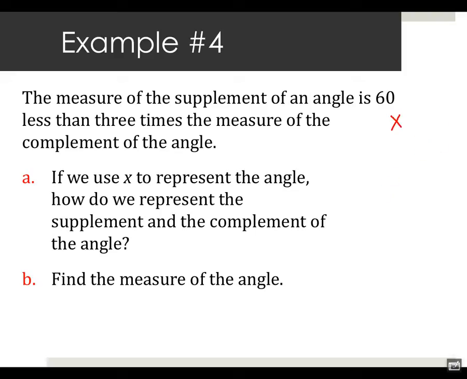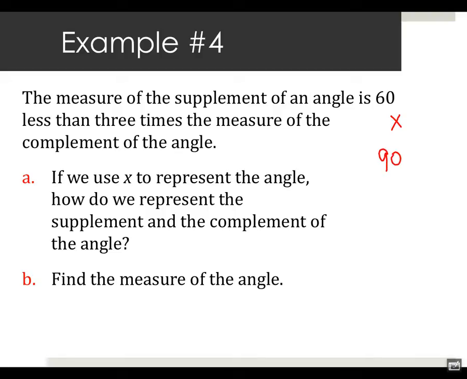Now, let's try x. If the angle measure is x, how big is the complement to that angle? We don't want to introduce another variable. 90 minus that. Beautiful.